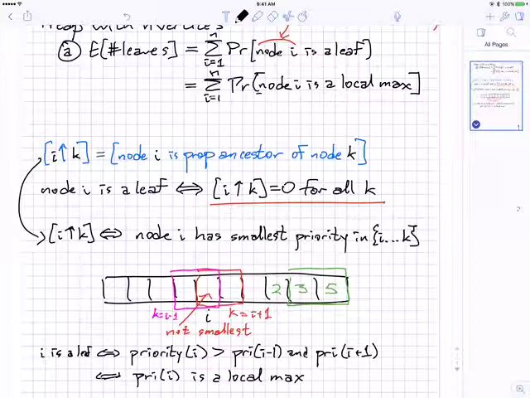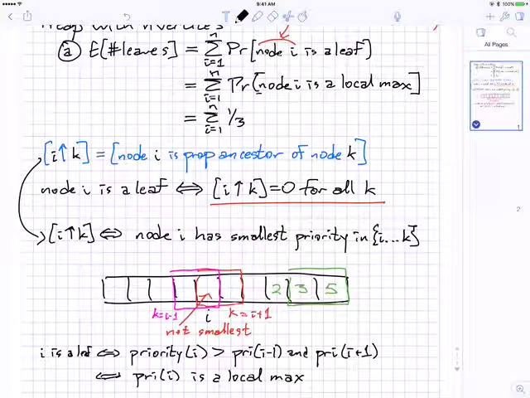Which means, out of these 3 priorities, what's the probability that this one is the largest? 1/3. Okay? So what I would like at this point to write is the sum from I equals 1 to n of 1/3. But there's a little bell going off in the back of my head that says this is not exactly right.